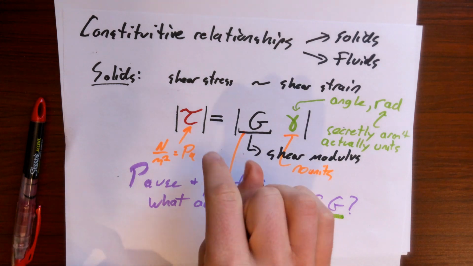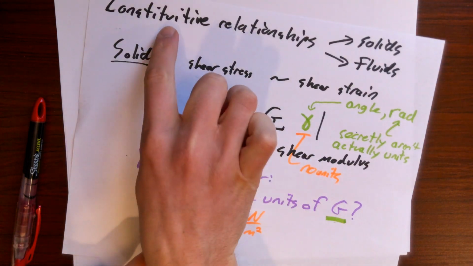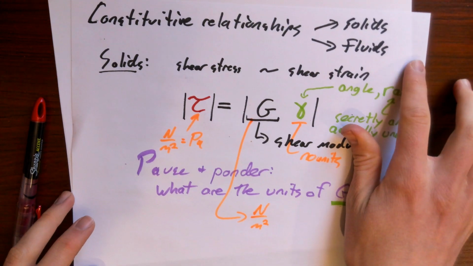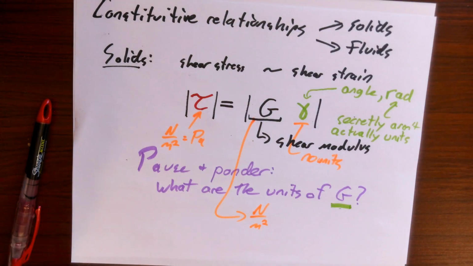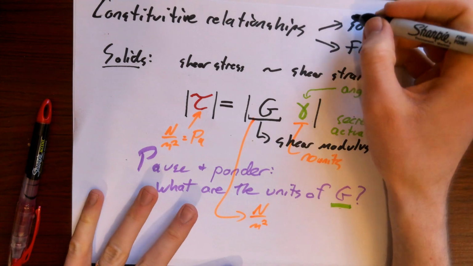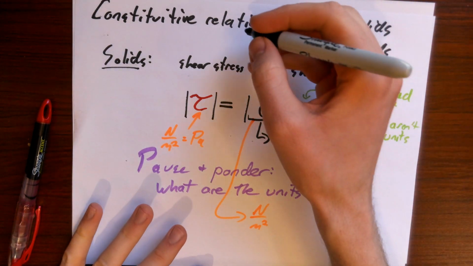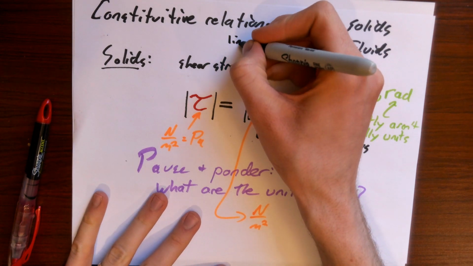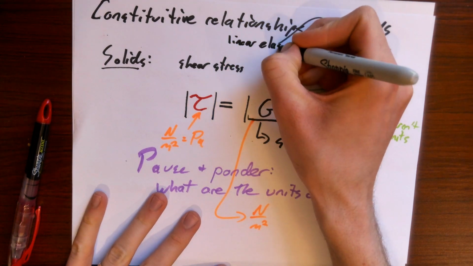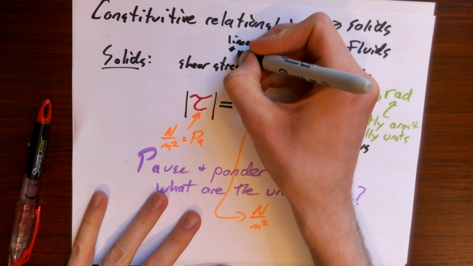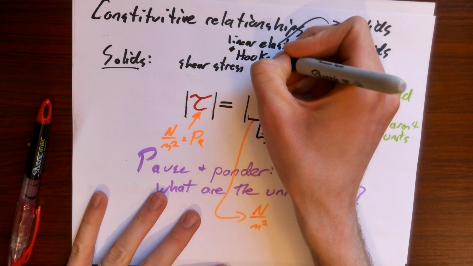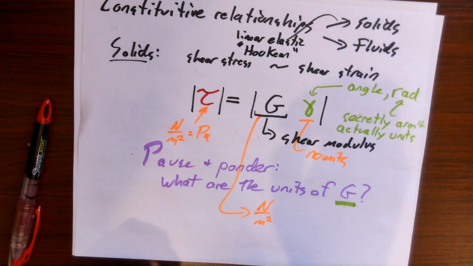So this relationship right here is the constitutive relationship for solids. It's not the only constitutive relationship that exists, but it's the constitutive relationship for what we call linear elastic or Hookean solids.